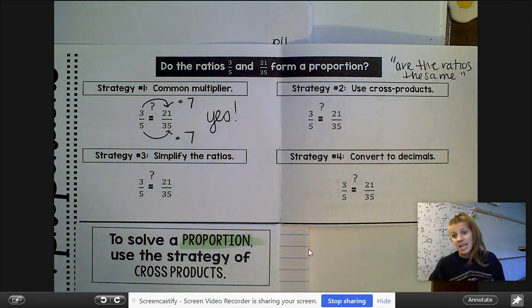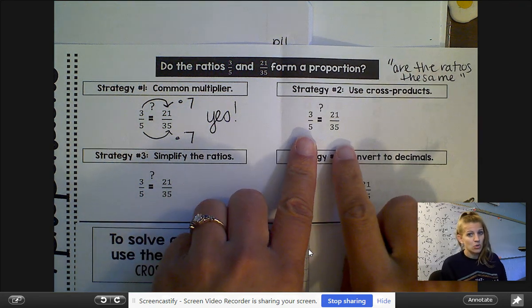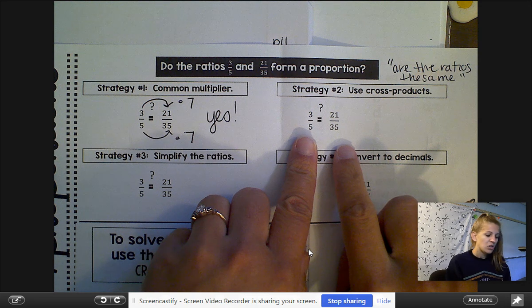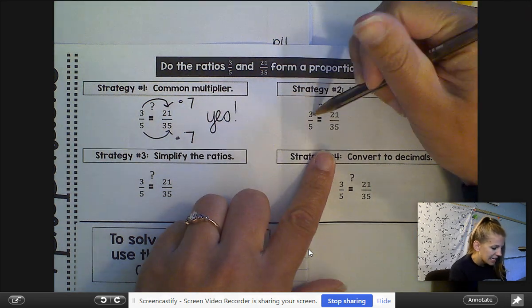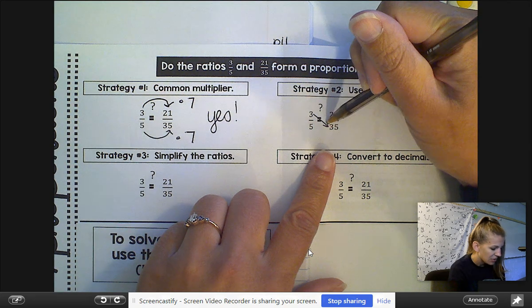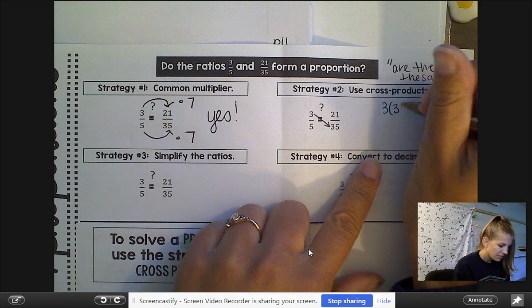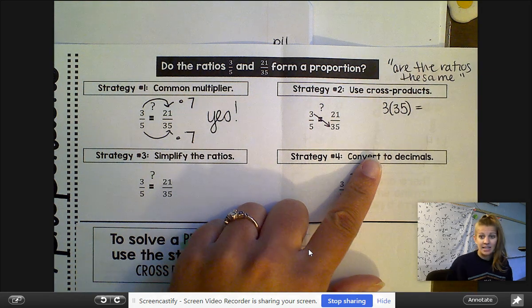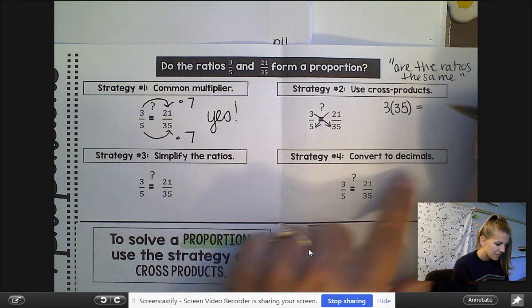Okay. Another way to determine if something is a proportion, or if 3 over 5 is the same as 21 over 35, is we can use cross products. So if I multiply diagonally, if I do 3 times 35, is that the same as when I multiply diagonally the other way, 21 times 5?